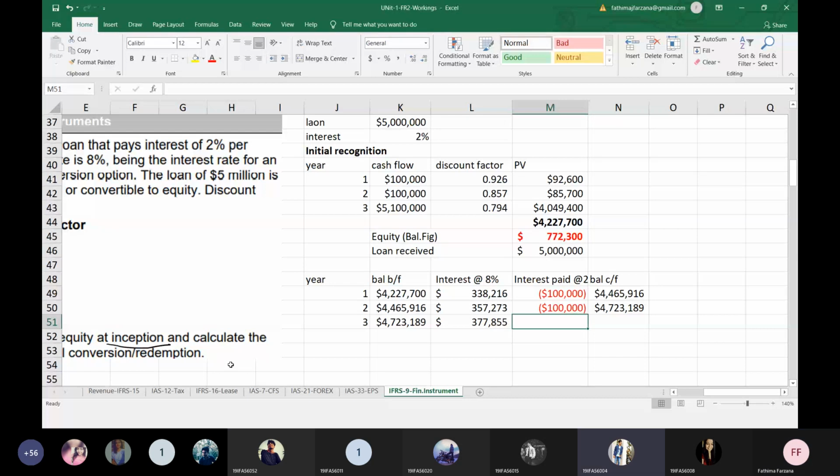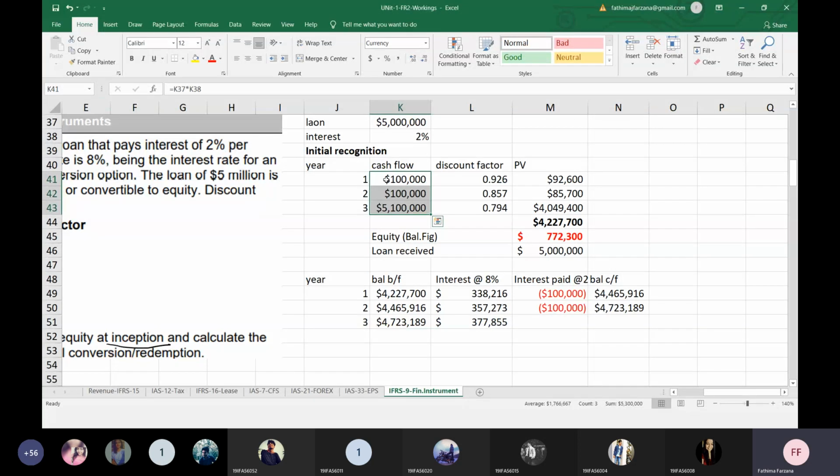227 into 2%, ma'am. What? I didn't get you. That is 4,227, that balance into 2%? No. Yes, ma'am. No. You just see this column in the initial, how you compute it. In this, how much is the finance cost in the final year, third year?